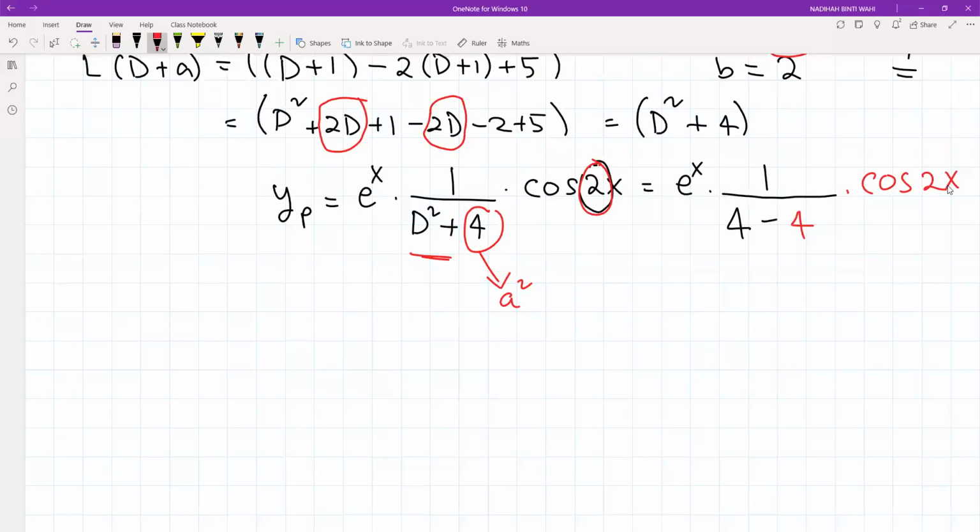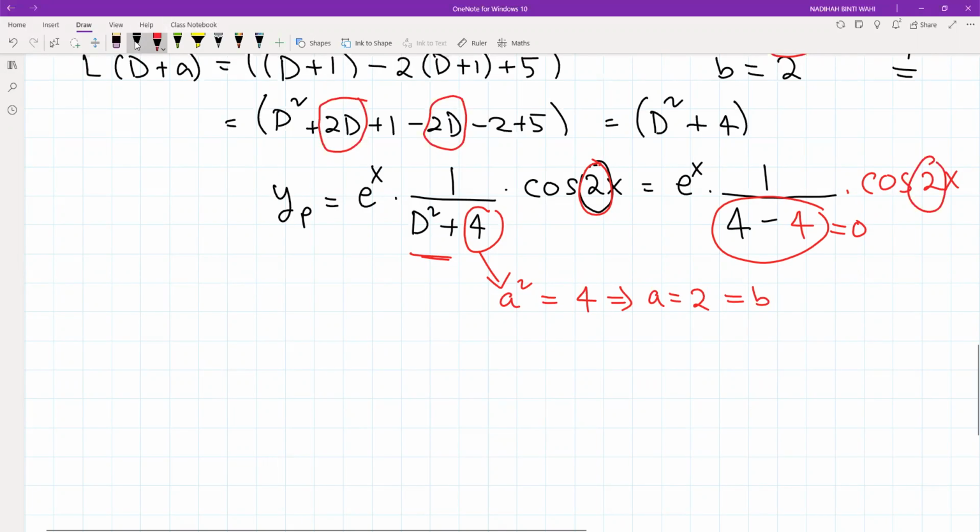Okay. Boleh tak? Tak boleh kan sebab dia ni kosong. Sama dengan kosong. Dan in that case, A kuasa 2 sama dengan 4. So meaning A sama dengan 2 sama dengan B which is 2 also 2. Saya tak boleh. So saya kena buat apa?